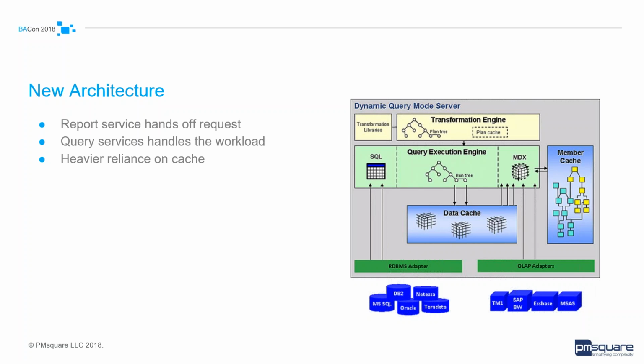Within DQM, we're not just looking at pulling the result. The great point Greta made was it's an intelligent cache where you don't need an exact hit to be able to get value from leveraging the cache. Member cache is a good example, and the metadata caching scheme itself is valuable.